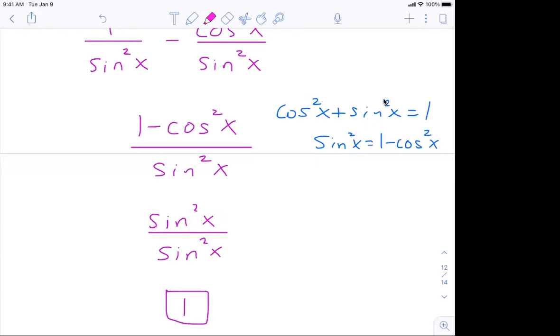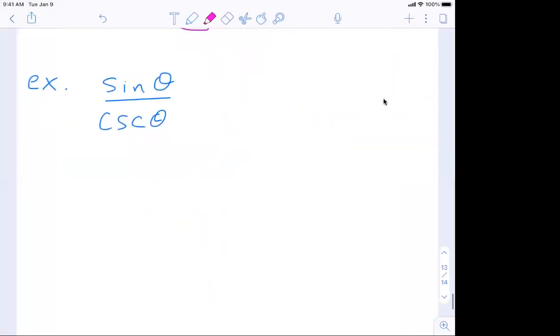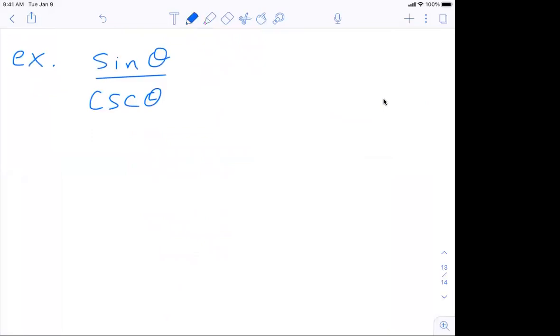Okay, and again, because 1 minus cosine squared x is sine squared x, I made 1 minus cosine squared x into sine squared x. Okay, yeah, that makes sense. Thank you. Okay, sure.